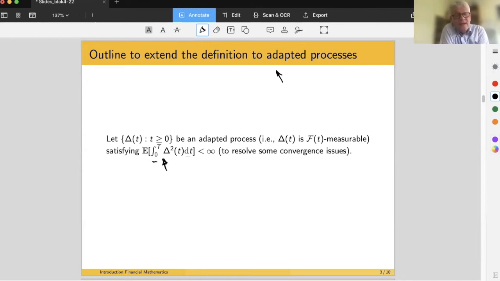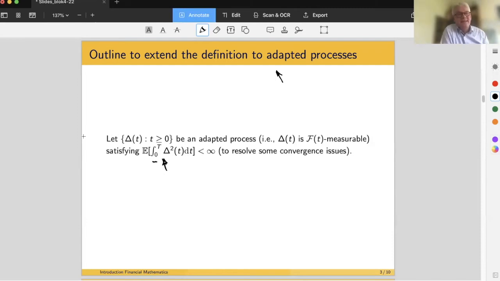Basically, that tells us that we assume the variance is finite. This reminds you of the Ito isometry. In a sense, this is telling you that the process must have finite variance. It's used to resolve some convergence issues. It's needed to approximate any process in L2 by simple processes.